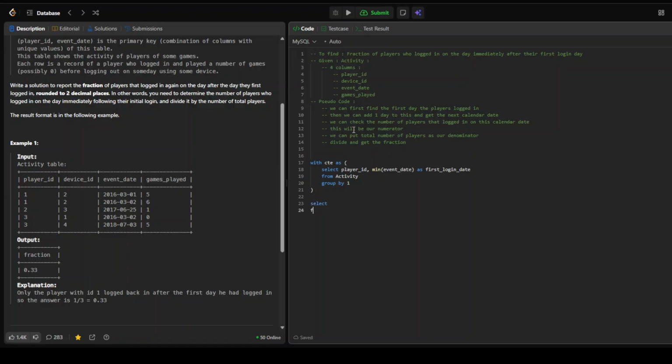And now I can basically create a join from this CTE as A, join activity as B on A dot player ID is equal to B dot player ID and B dot event date is equal to date add A dot first login date, interval 1 day.